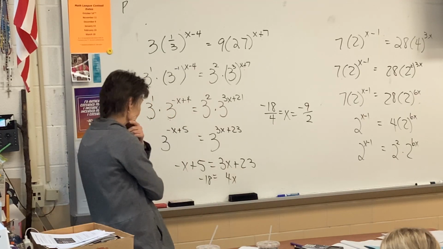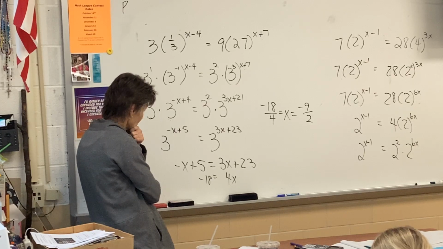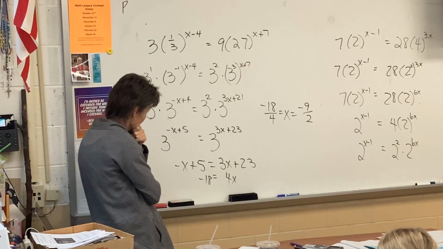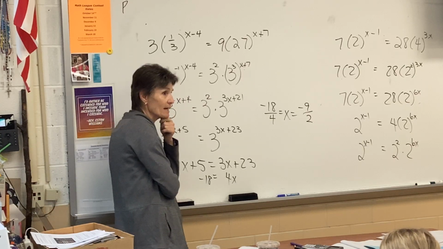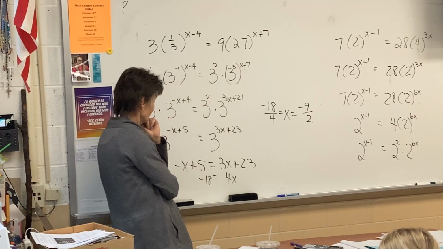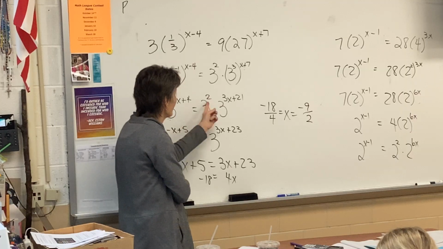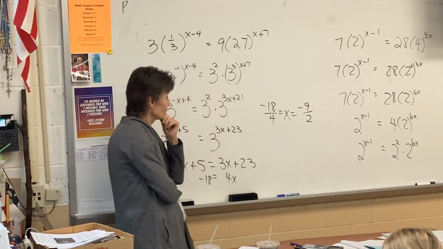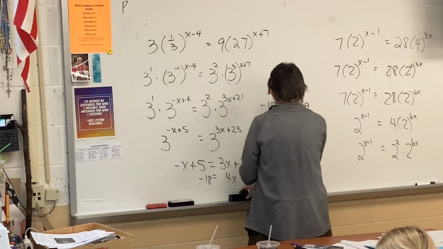I could very well have done something wrong. Did anybody get negative 9/2? Oh. Oh, I see what I did. You did, okay. It was 21, I forgot the 1. Oh, yeah. All right.